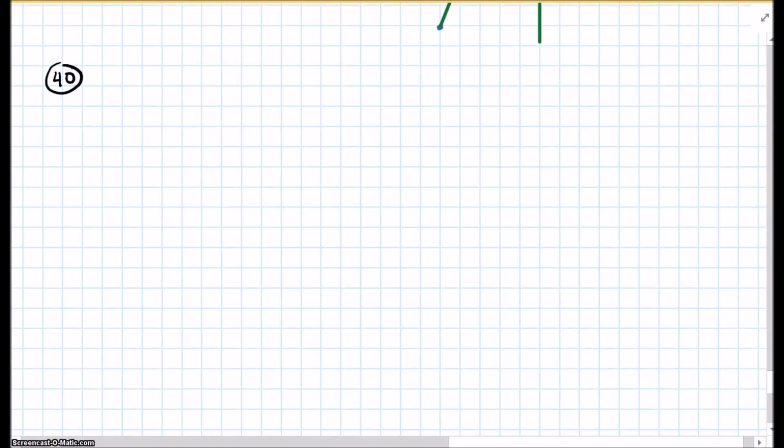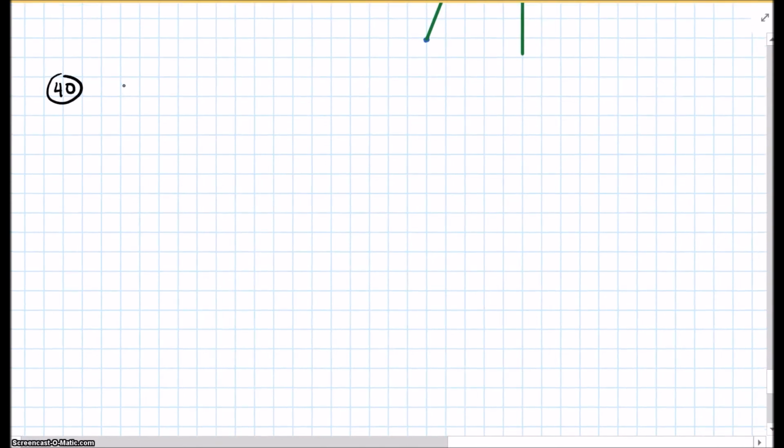Okay, number 40. It goes through (-7, 10) and is horizontal. So what is the slope of a horizontal line? 0.